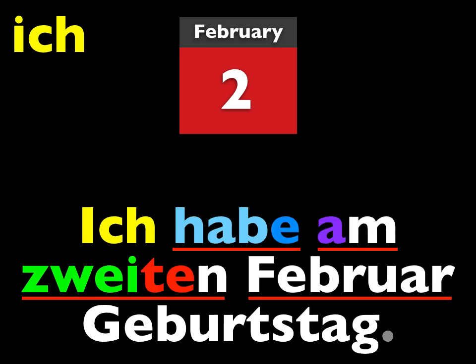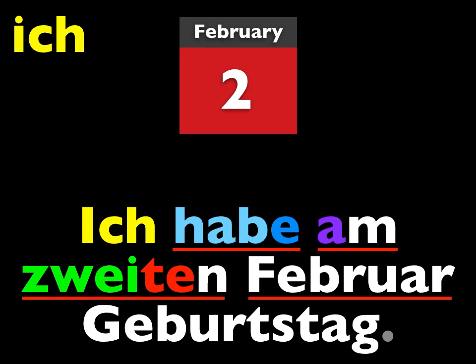And it would be, Ich habe am 2. Februar Geburtstag. And again, we just learned that we have to have an N on that ordinal number. That's why zweite becomes zweiten, because of the word am. Ich habe am 2. Februar Geburtstag. My birthday is on February 2nd, or I have a birthday on February 2nd, whichever way you want to translate it.